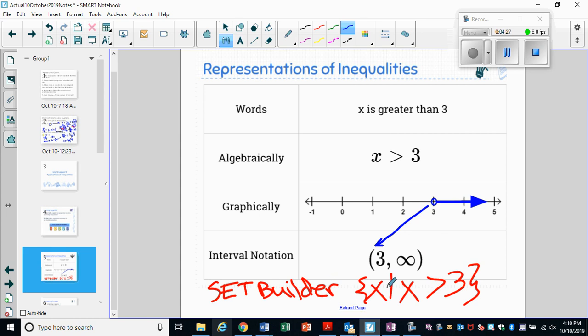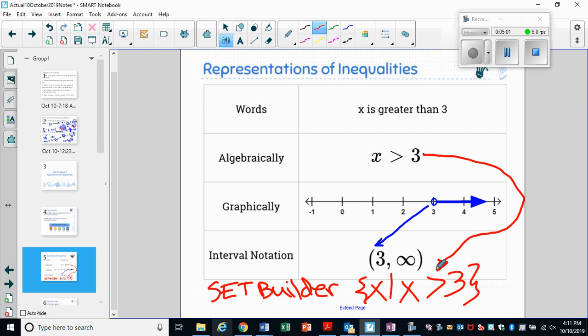Set builder notation is x with your bar, x greater than 3. So that's the only real difference. With the set builder, you just have to say x with your bar, don't forget your braces, and then take what you wrote algebraically and rewrite it to the right of your bar.